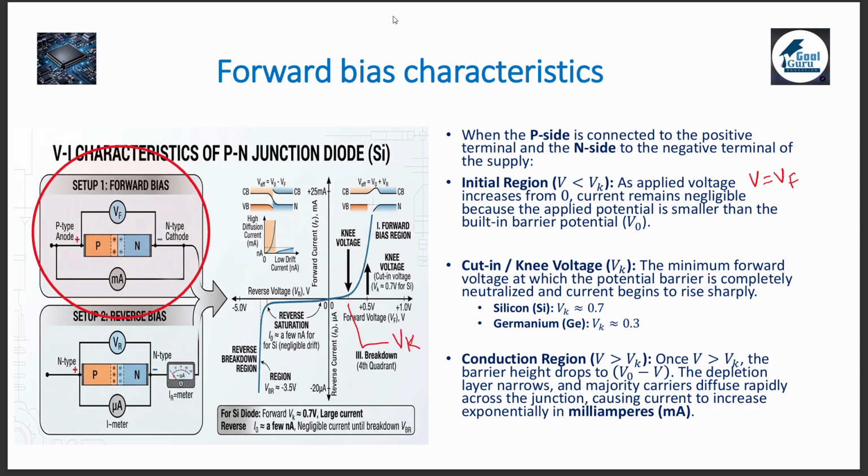Therefore, once the applied voltage is greater than Vk, the barrier height drops to V0 minus V. The depletion layer now narrows and the majority carriers diffuse rapidly across the junction, causing current to increase exponentially, which is measured in milliamperes.